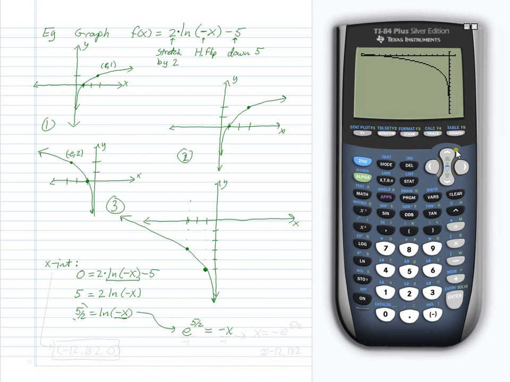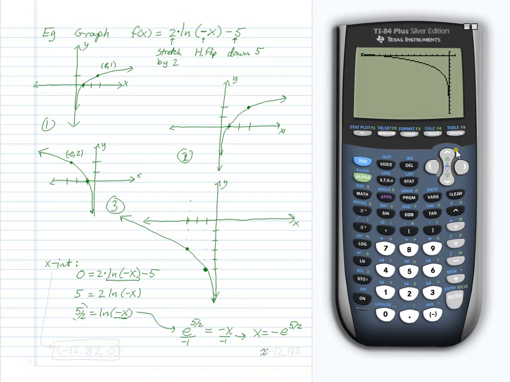At this point, I have a little bit more work to do. I have to multiply or divide both sides by -1 in order to find x. So I see that x is negative e to the 5/2, which we could evaluate in the calculator.